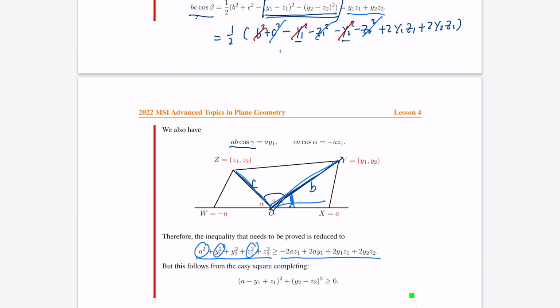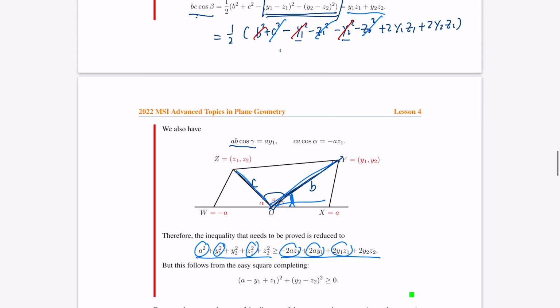And you just need to take care of this term, this term, this term. So what I want to prove is a squared plus y1 squared plus z1 squared is bigger than negative 2az1 plus 2ay1 plus 2y1z1. And that inequality, we just proved this, right?